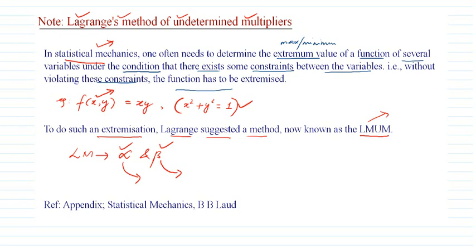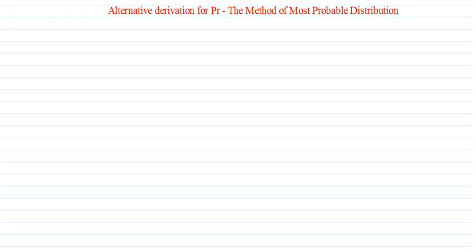Let me once again write down the results that we have. From equation number 4, I am writing down equation number 4 time and again, it was the expression for log w. It was delta of log w, where delta means variation or differential of log w, which is supposed to be 0 for w to be maximum.